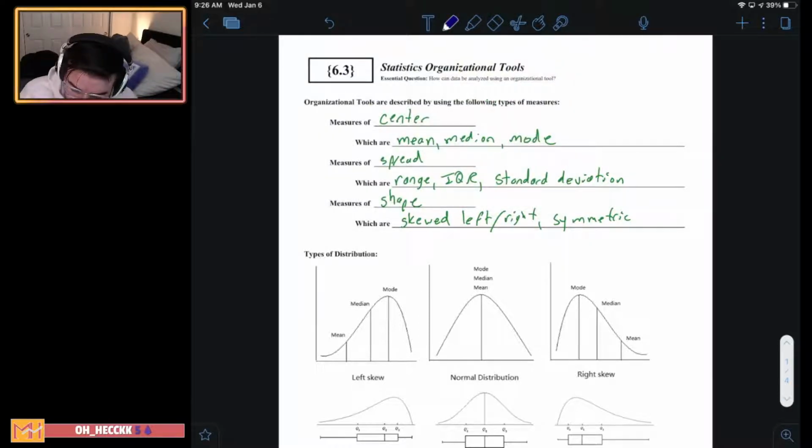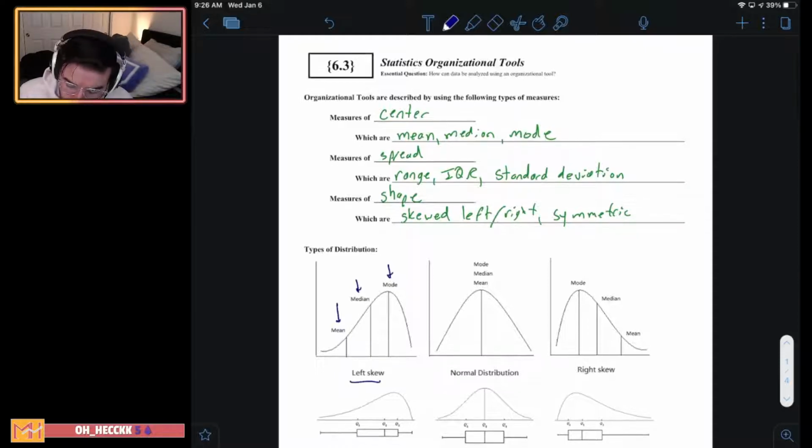So this graph right here, you can see the measures of center: mean, median, and mode. We're not really describing spread here, but we're also describing the shape. And in this case, the shape is left skewed.